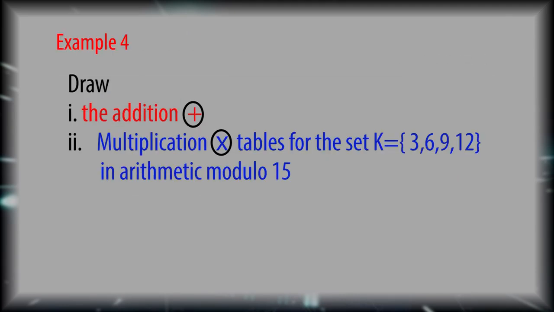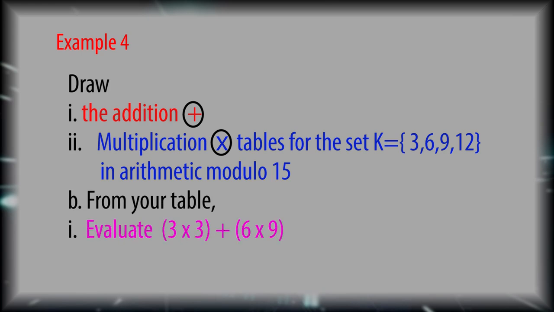In our last example, it says draw the addition and multiplication tables for the set K, which is equal to the set of numbers 3, 6, 9, and 12 in arithmetic modulo 15.